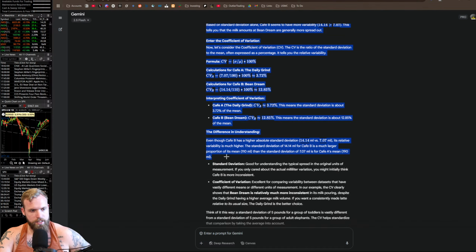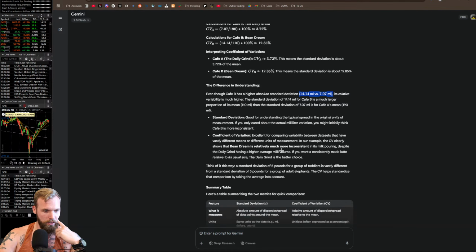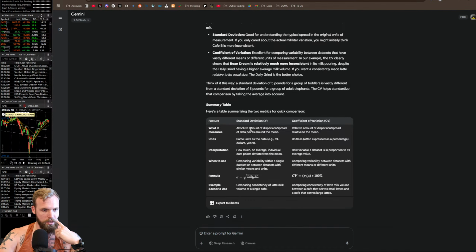So this says, even though Cafe B has higher absolute standard deviation, 14 mil versus 7 mil, its relative variability is much higher. The standard deviation of 14 mil for Cafe B is a much larger proportion of its mean, 110 mil, than the standard deviation of 7 mil. Yeah, this does a beautiful job. This is a good job. I like this.